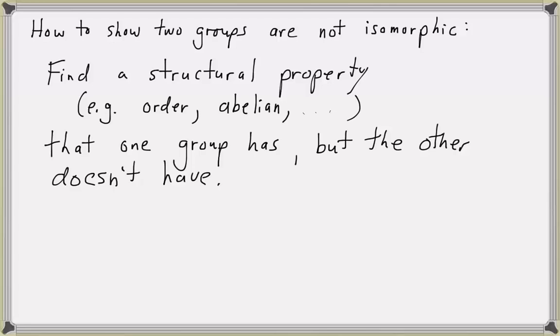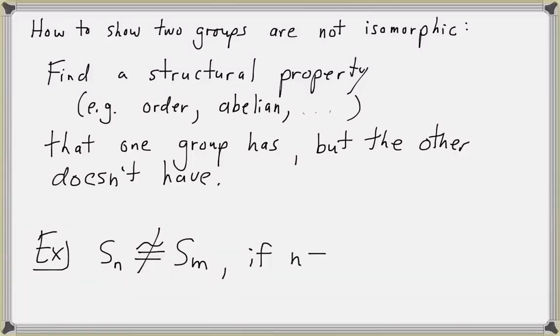So we showed, for example, that Sn is not isomorphic to Sm when n does not equal m, since the groups have different orders.